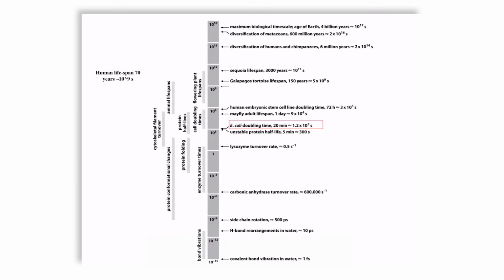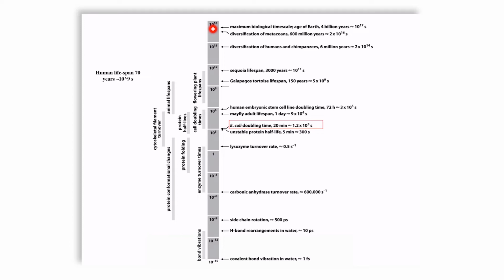This is what we call order of magnitude scale, where we have used the 10 to the power something values to depict tenfold jumps in seconds. So 10 to the power minus 9, I'm sorry, thousandfold jumps in time. 10 to the power minus 9, minus 6, minus 3, 10 to the power 0, plus 3, plus 6, plus 9, plus 12, plus 15, plus 18.